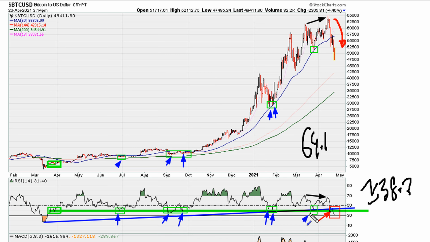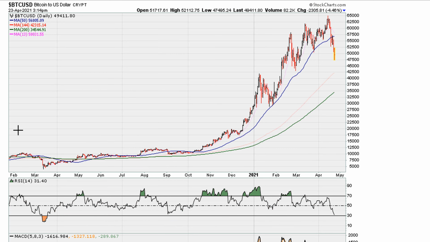And you can see what I'm getting at right now is we broke below that line. What this means is that there's a possibility that this bull market in the cryptos is over based on this chart. We shall see. But all is not lost.